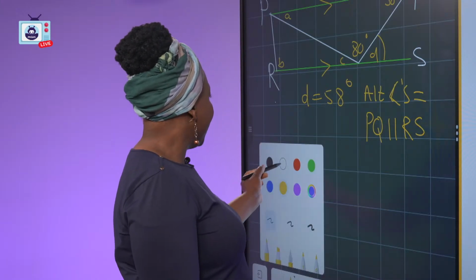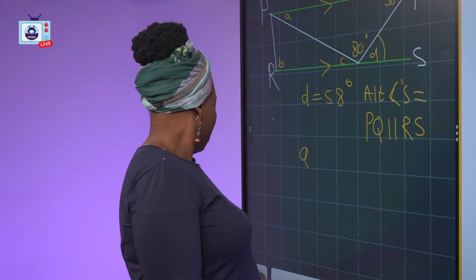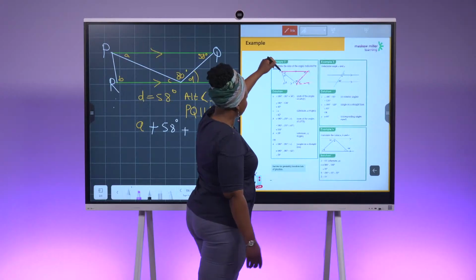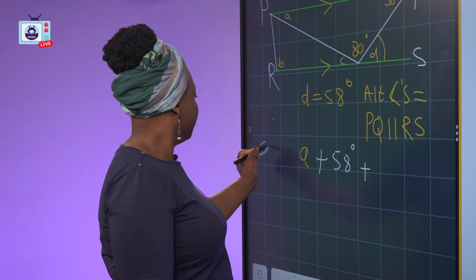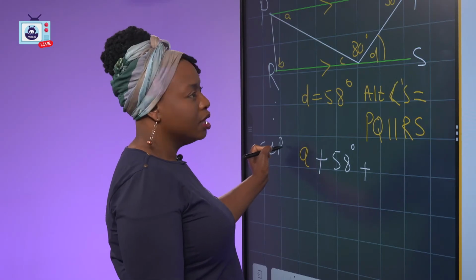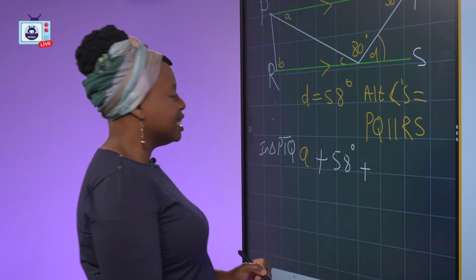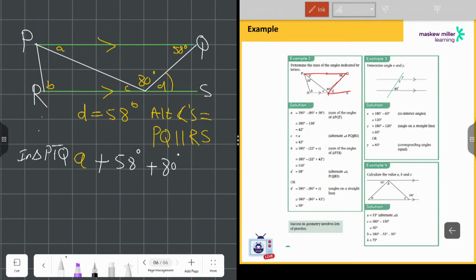Because when I have A plus Q, which is 58 degrees, plus the angle which is 80 degrees, which is angle PTQ. So in triangle P, T, and Q, that's the triangle we are talking about, A plus 58 plus 80 must always be 180 degrees.